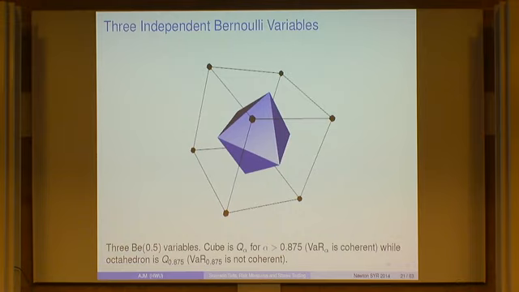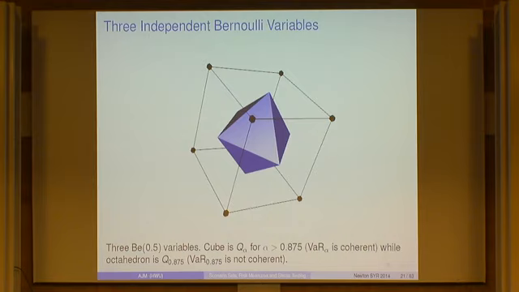But basically, the outcomes of these 3 variables live on the cube with coordinates 0,0,0, 0,0,1, 0,1,1, etc. And if I pick alpha to be bigger than 0.875, the Q alpha set is the cube. So the cube is Q alpha for alpha bigger than 0.875. That is basically 1 minus p cubed, or 7/8. And VAR would be coherent on the linear space of 3 independent Bernoullis in that case.